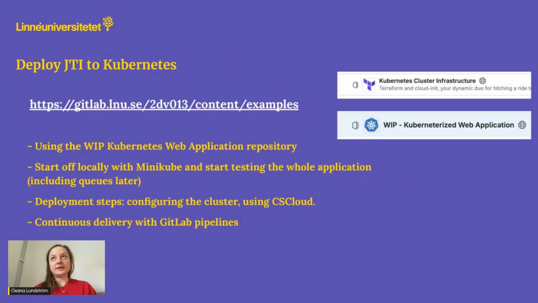To start off with A2, after you have completed the cluster infrastructure setup, my suggestion is that you proceed to cloning the Kubernetes WIP repository that you find in the examples, and start with setting up everything locally.